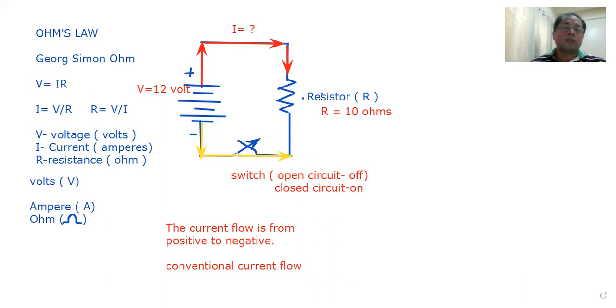So yeah, somehow there's a distinct difference between an electron flow. So this is how the electrons probably travel. So an electron travels from negative to positive.